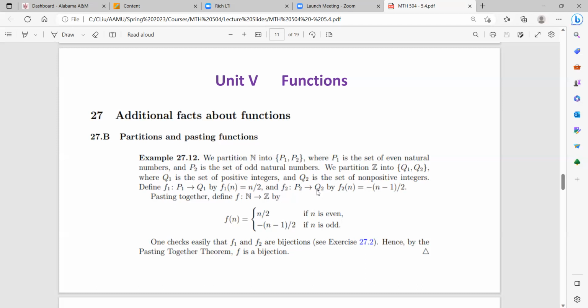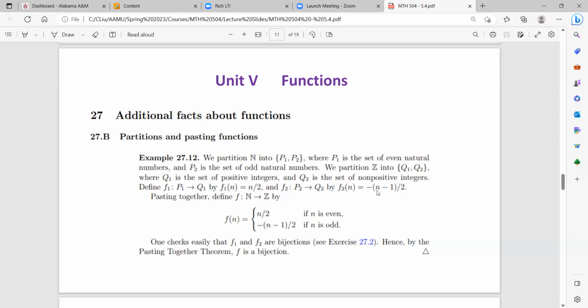Okay. So how is it defined? It's defined as f2(n) equals negative (n minus 1) over 2. Okay, so n is an odd natural number starting from 1. So the smallest number n is 1. So when n is 1, we get 1 minus 1 equal to 0. So the function value is 0.